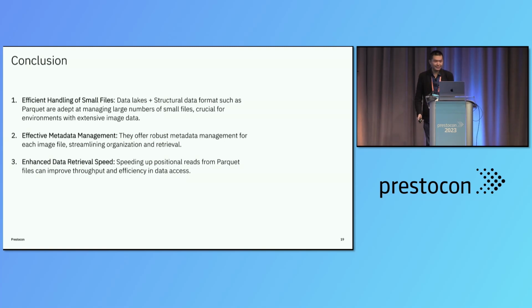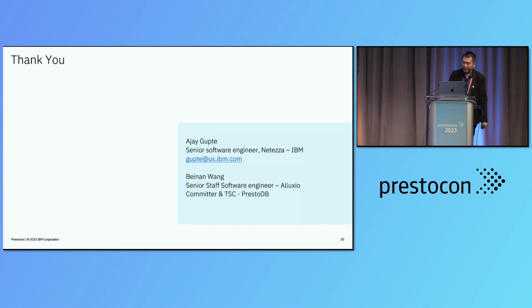So here is something we found by using Presto and Iceberg with the AI machine learning pipeline. Okay, I think that's all the results we want to share today. The Alluxio and Presto community are still working on this, and we will have more showcases about how to integrate Presto into the AI machine learning pipeline.